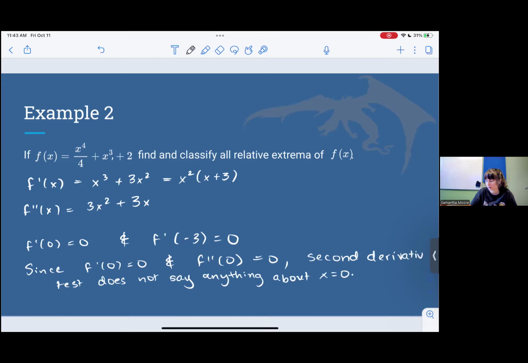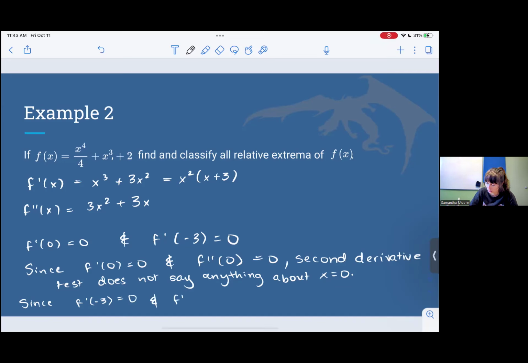Okay, so we've checked one place. And then the other place where the first derivative equals 0 was f prime of minus 3 equals 0. So let's think about x equals negative 3 in f double prime.